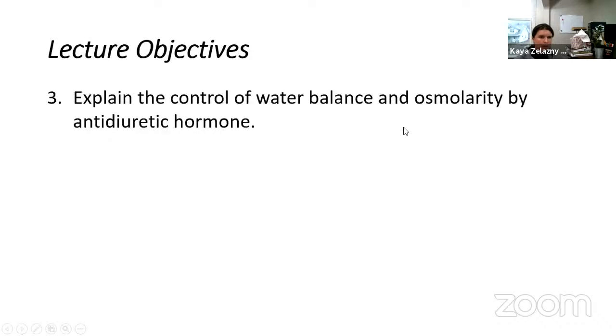Okay, now we're going to think about the actual control of that permeability. So we're thinking about the control of water balance and the osmolarity by antidiuretic hormone, right? Remember, water balance means how much water is going in to you, plus what you're producing, how much water is going out of you, plus what you're using up.